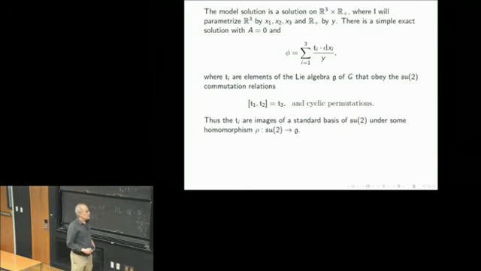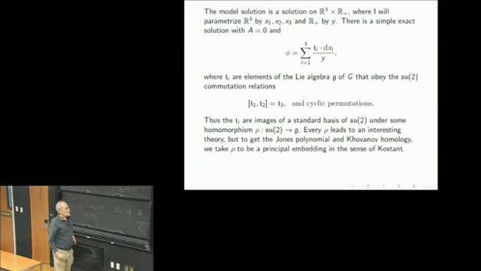The commutation relations mean that the t's are images of a standard basis of SU2 under a homomorphism rho from SU2 to G. Every such homomorphism leads to an interesting theory, but to get the Jones polynomial and Khovanov homology, we take rho to be a principal embedding. Actually, there's been very little work on what one would get from other embeddings, I think.